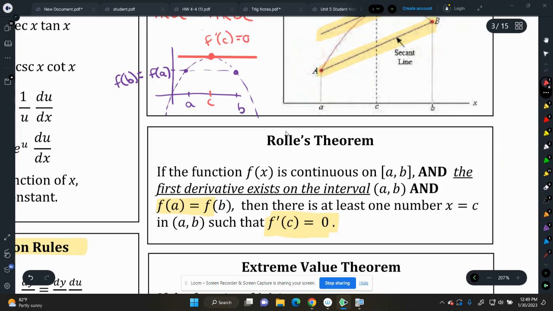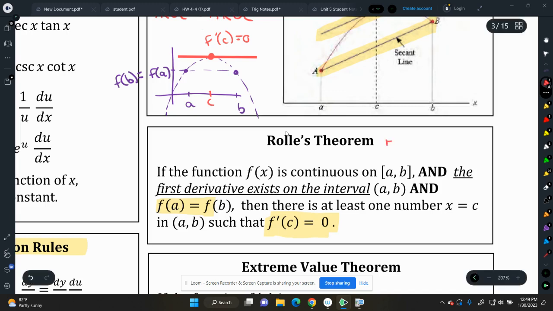So basically what Rolle's theorem is telling me is that if there's a point where f of a is equal to f of b, what must exist between a and b? A turning point, or we want to call it a maximum or a minimum, right? An extreme point, extrema. We call it relative extrema.